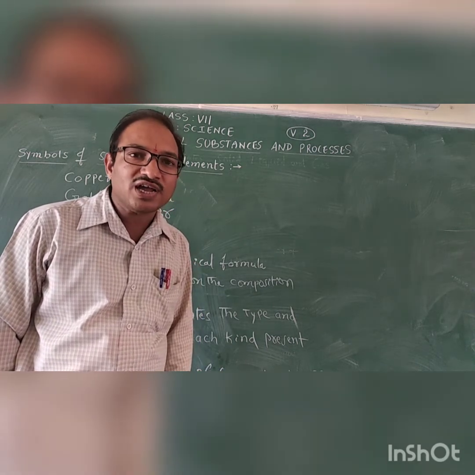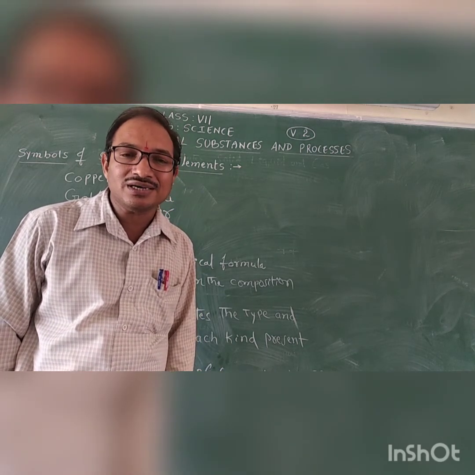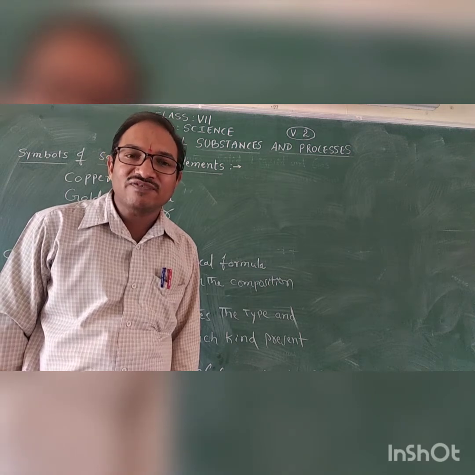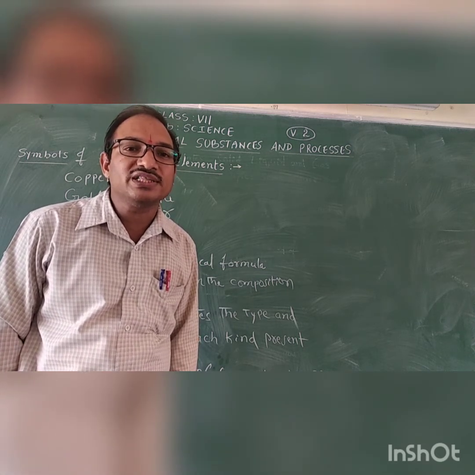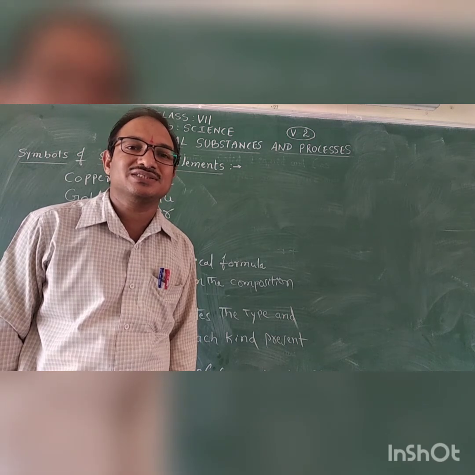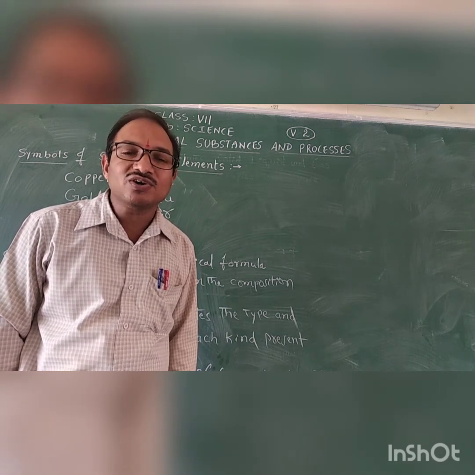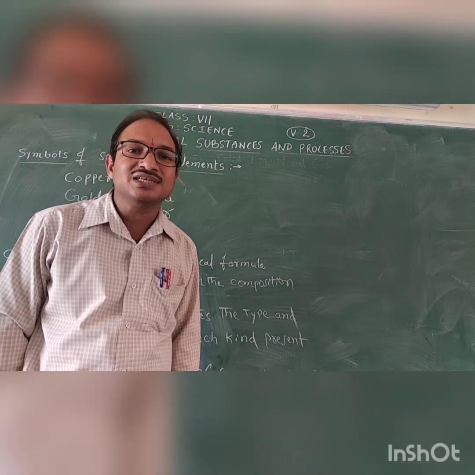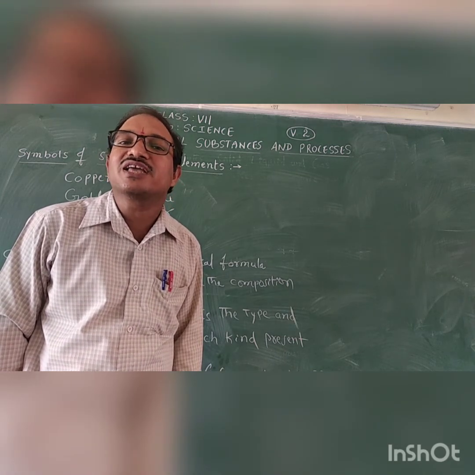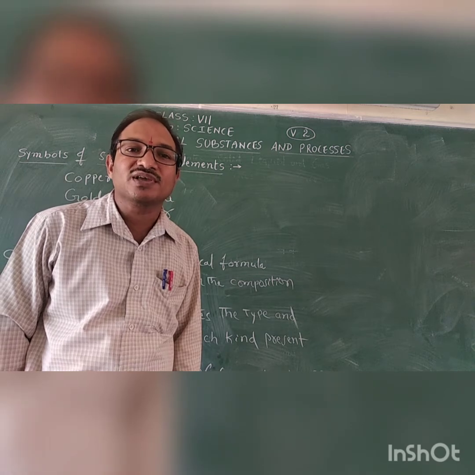Now, just now what I have told are different atoms, and these atoms 1 to 20 are in a sequence. If you learn these 1 to 20 elements, in higher classes you can understand chemistry in a better way.